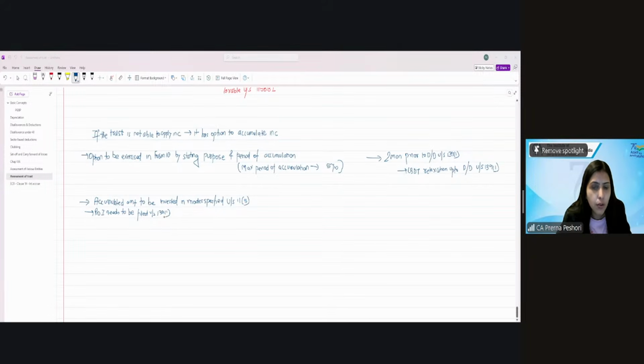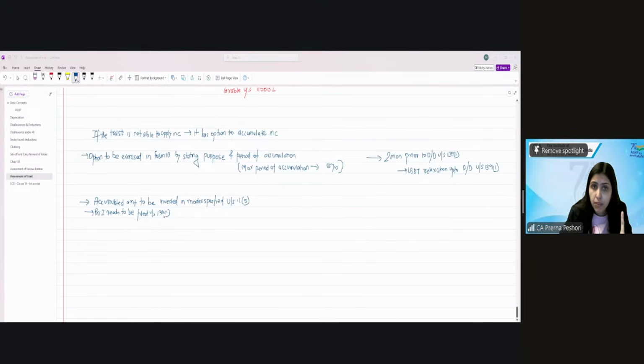Yes. Okay. So, in this way, again, you have an option to accumulate your income. If you want to accumulate, you have to state the purpose, whether you are going to utilize it for a building or for so and so expenditure, and you need to tell the assessing officer by making an application.